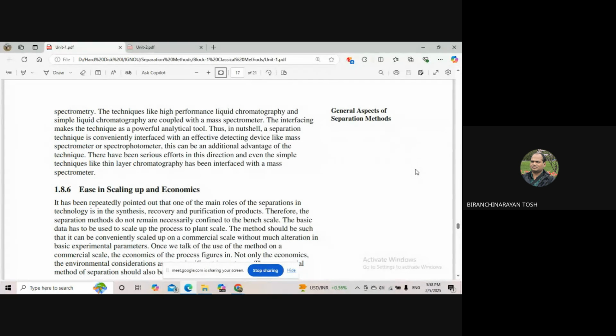Thus, in a nutshell, a separation technique is conveniently interfaced with another effective detecting device like a mass spectrometer or spectrophotometer. This can be an additional advantage of the technique. There have been serious efforts in this direction, and even simple techniques like thin layer chromatography have been interfaced with mass spectrometry. There is also scaling up and economics.